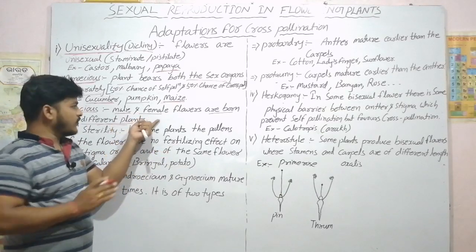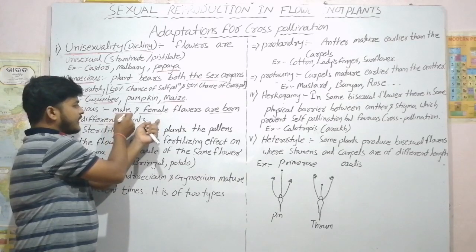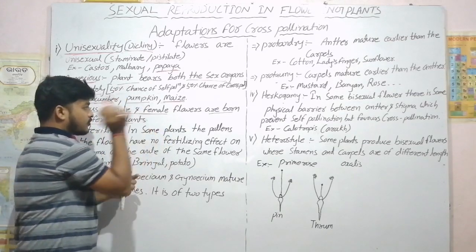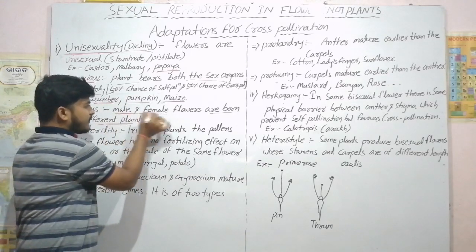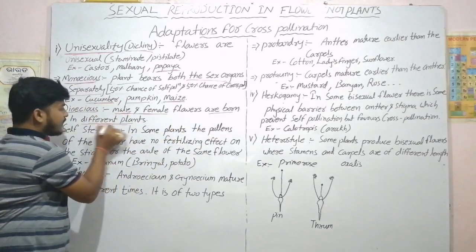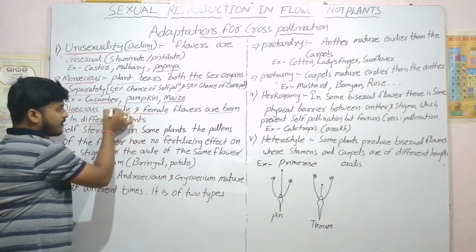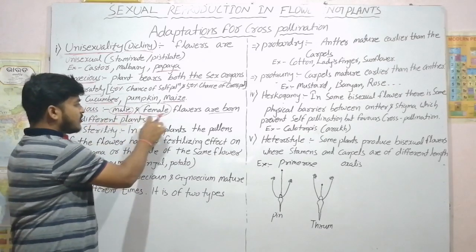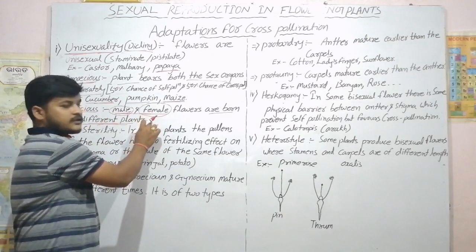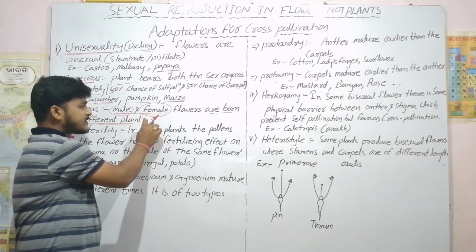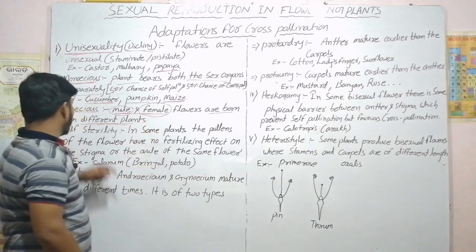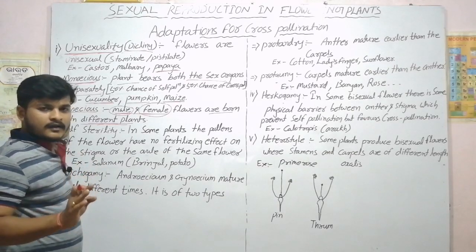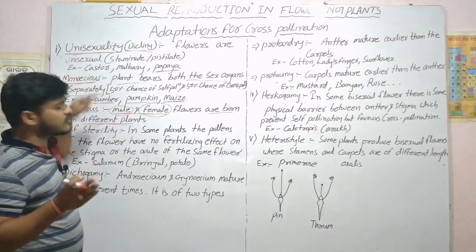The plant contains maybe male flowers or maybe female flowers, but not both, because male and female flowers are borne on different plants. So this condition mostly develops to adapt cross-pollination. In the dioecious condition, the most common example is papaya, and next castor and mulberry.